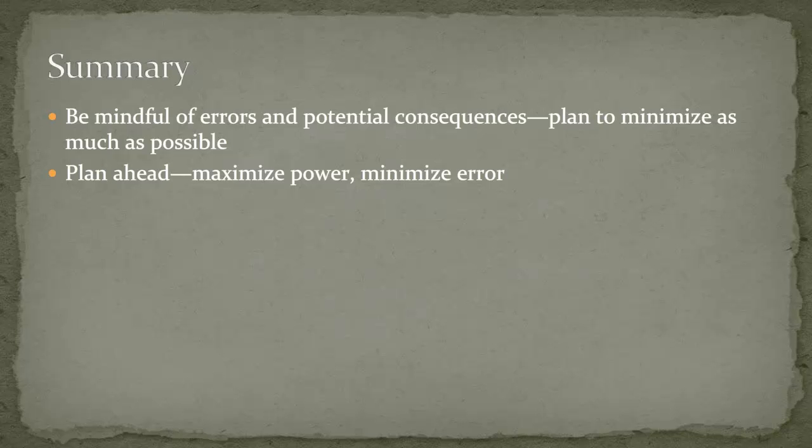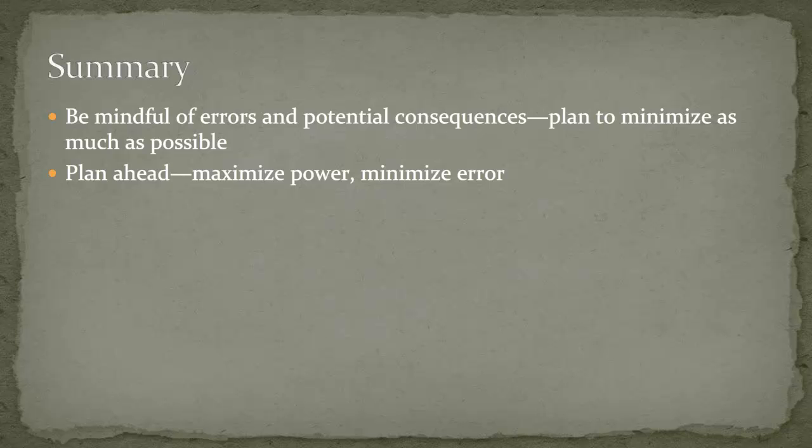So a quick summary of what we've discussed here: type 1 error, type 2 error, and power. Really quick summary is that there are a lot of things to take under consideration when you're designing a research study, when you will be using hypothesis testing. You have to be mindful of errors, and you have to play out what the potential consequences of a type 1 error will be, what the consequences of a type 2 error will be, and then depending on which consequences are worse, do your best to minimize the chances of making that kind of error.